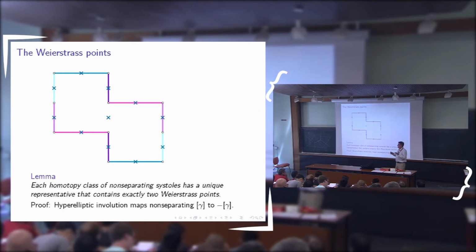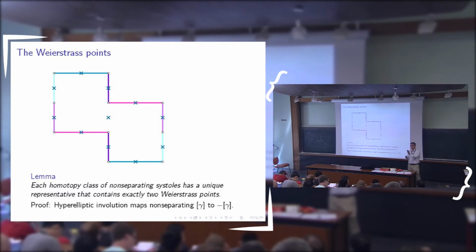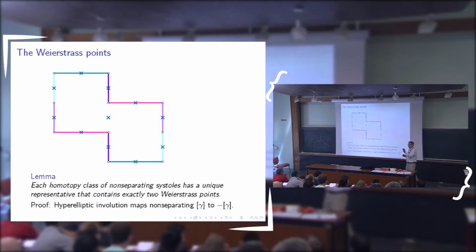A couple things could happen. You could have a cylinder of simple closed curves. We're going to choose the middle curve, the core curve of that cylinder, as our representative. That cylinder is involuted by the hyperelliptic involution, and it has 2 fixed points. Those are the Weierstrass points. So we're looking at that core curve.